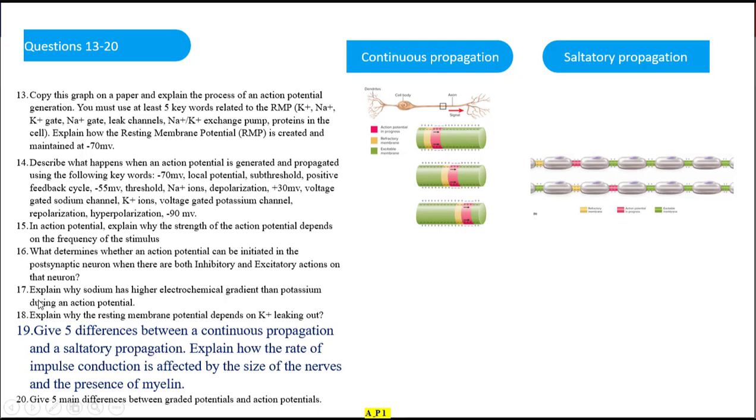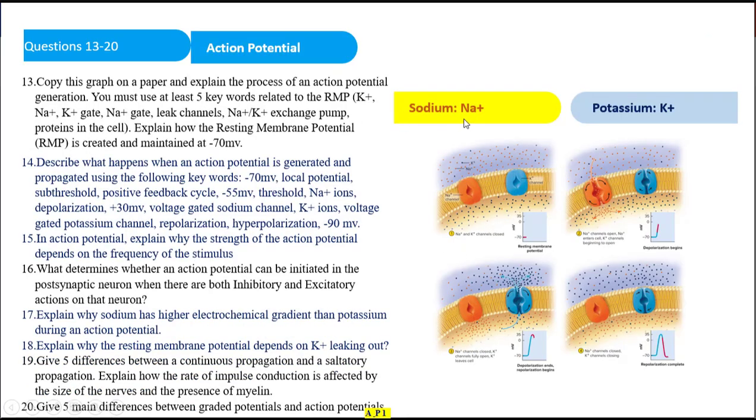Then here, I'm going to go back to question 17. Why does sodium have a higher electrochemical gradient than potassium during an action potential? Let me go back here and explain. Here you see sodium is positive. You have a lot of sodium outside. But the cell inside is negative. If you're positive outside, you want to go inside if inside is negative, because positive and negative attract, right?